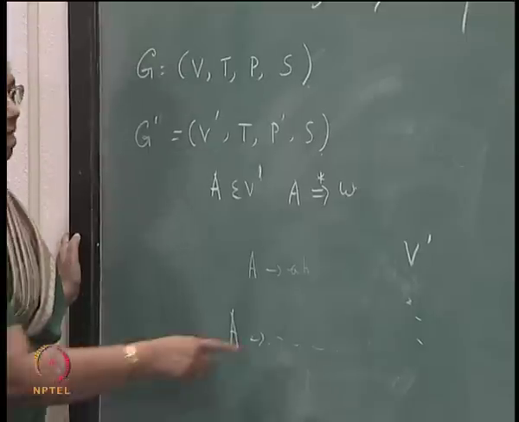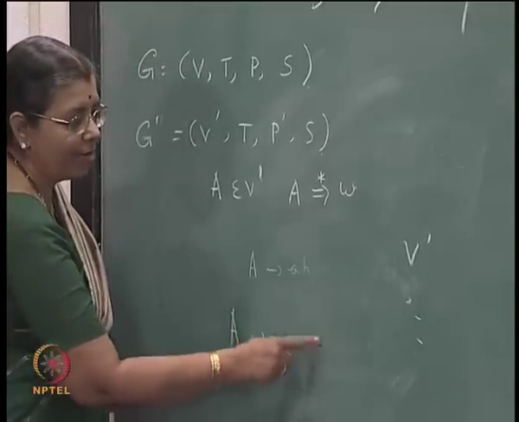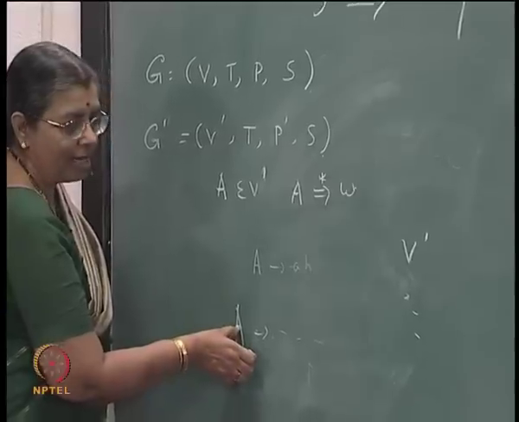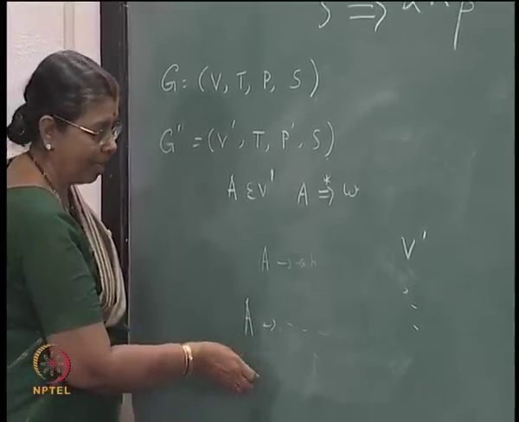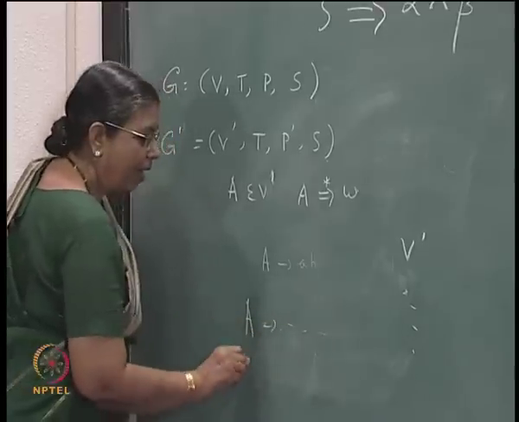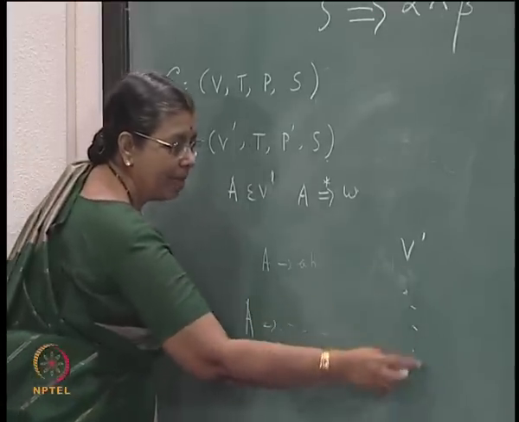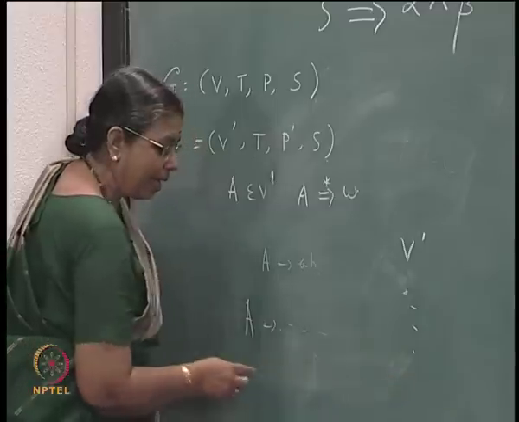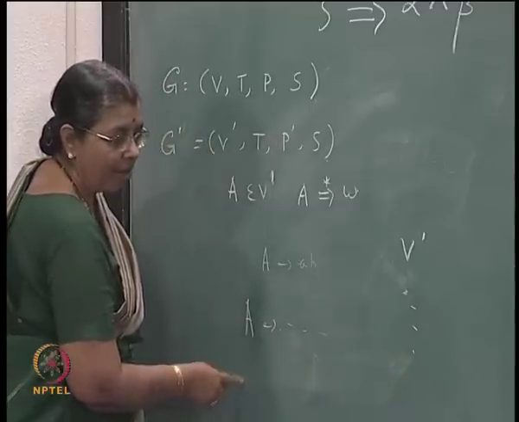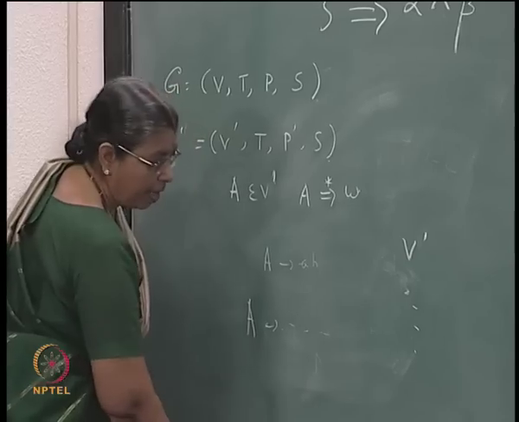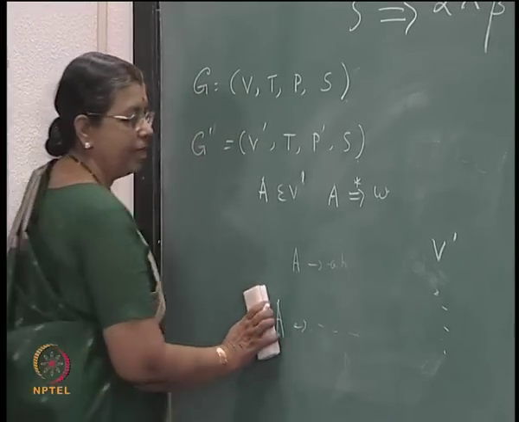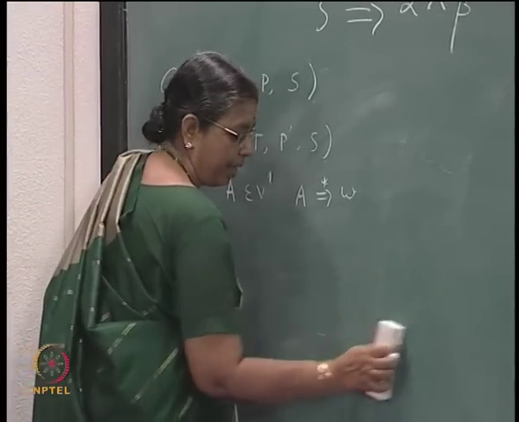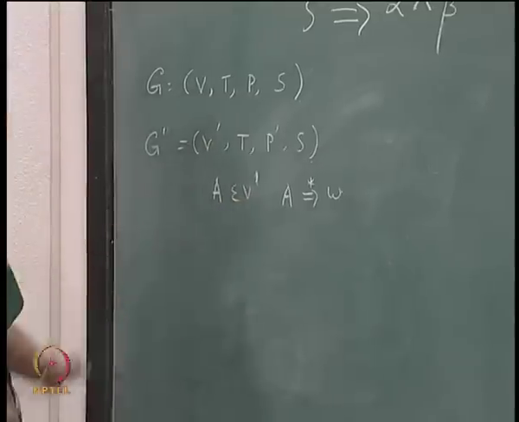That means from each one of them it is possible to derive a terminal string. So, from this non-terminal it will be possible to derive a terminal string. So, include that here. Then again look at these symbols, see the right hand side is made up of terminals and these symbols, and then if the left hand side is different from what is already there, include that. Keep on doing that until no more things can be added. That is what the algorithm says.